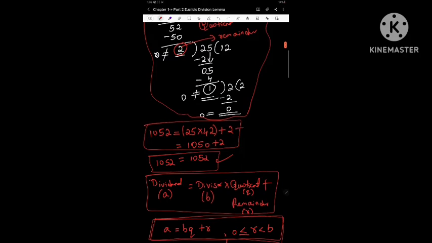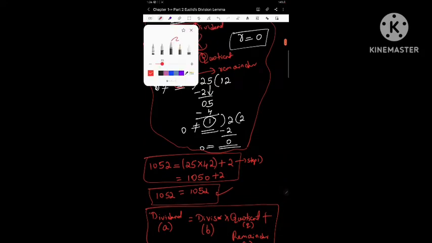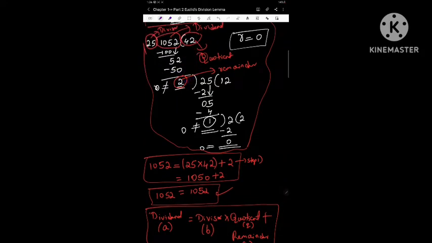So let's name this step 1, and next, step 2 will be: consider this next process, 2, 25, 12 and 1. We can write that as 25 equals 12 into 2 plus 1.